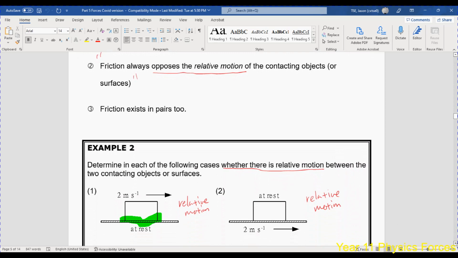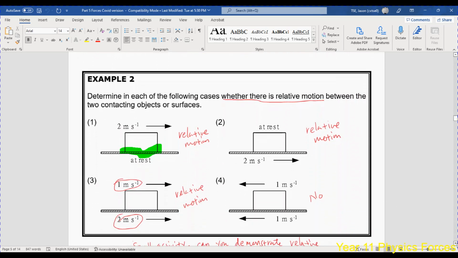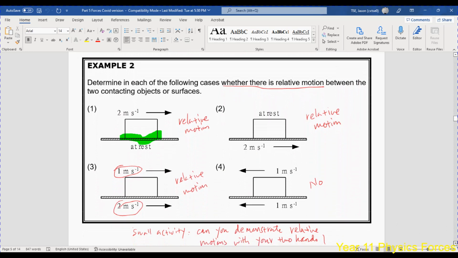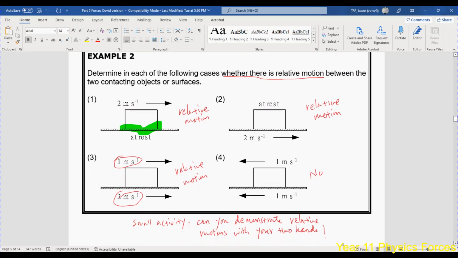Of course, here you have to understand what we mean by relative motion. That means the two surfaces must move relative to each other. What does it mean? They must have different velocities. For example, if they have the same velocity, then they don't have relative motion.